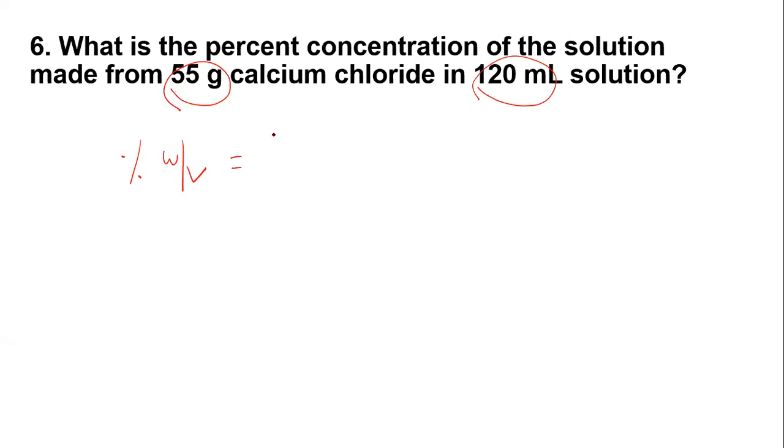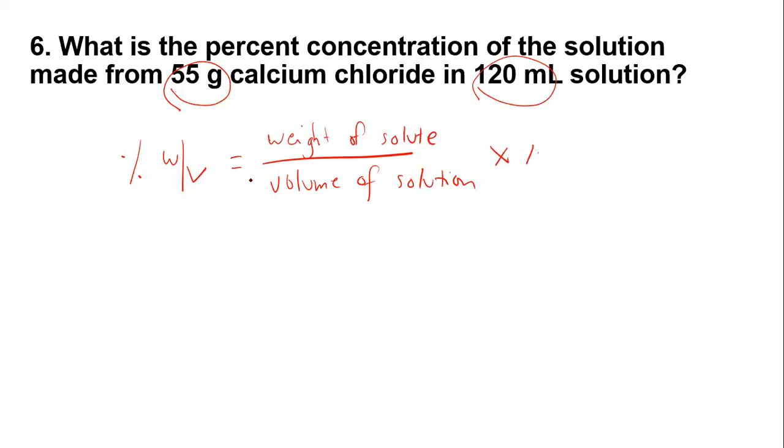The formula for percent W over V is the weight of the solute divided by the volume of the solution times 100. Then you substitute the values: 55 grams divided by 120 mL times 100. And what is the answer? Let's see in the chat. What is your answer?